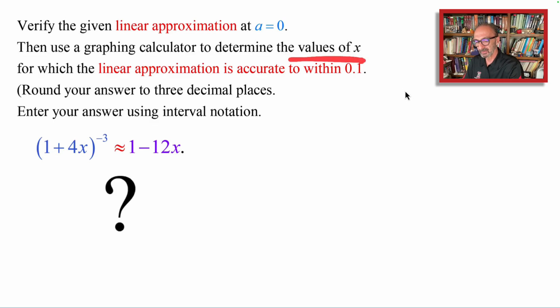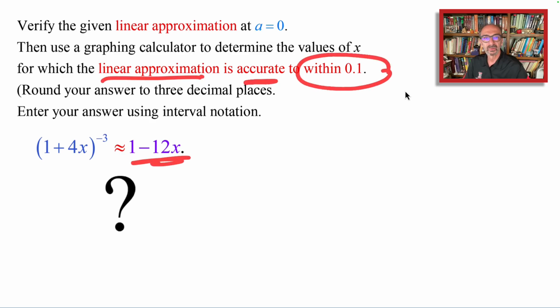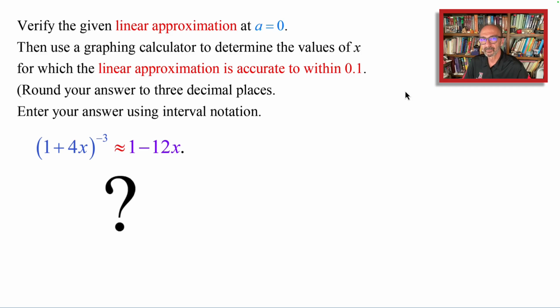This is a different type of problem now, besides verifying this or finding the linear approximation, for which the linear approximation, this guy here, is accurate within 0.1. So the error margin is 0.1. Round your answer to 3 decimal places and enter your answer using interval notation.